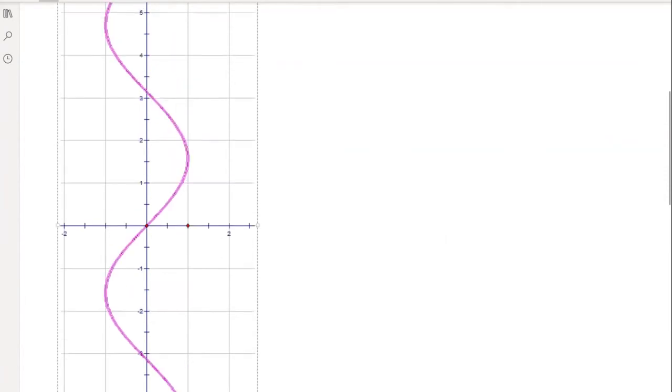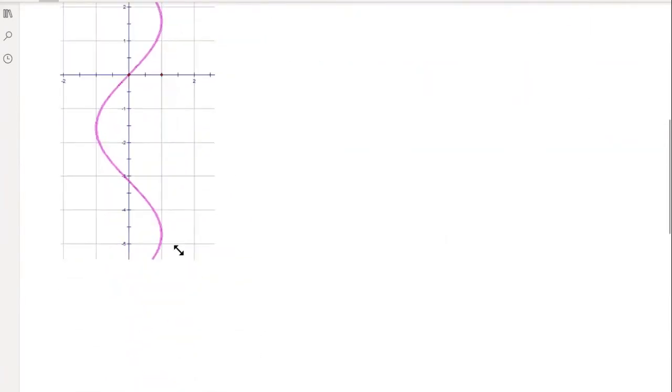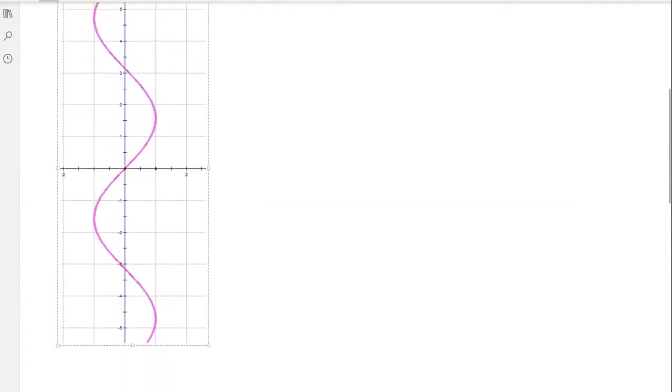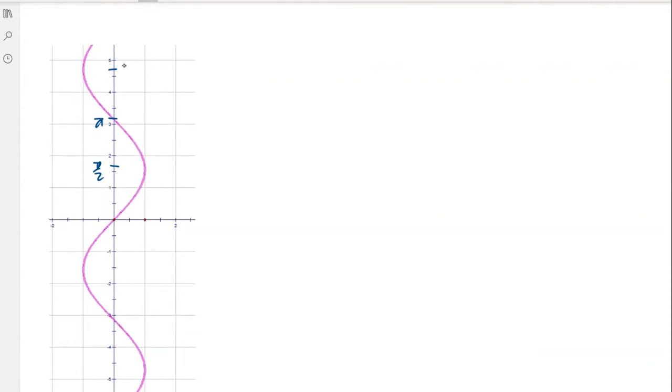Okay, once again, just to make sure there's no confusion over this, I want to talk about the quadrants one more time, okay? So, you see this is pi over 2. This is pi, and this is 3 pi over 2. Negative pi over 2, negative pi, and negative 3 pi over 2.